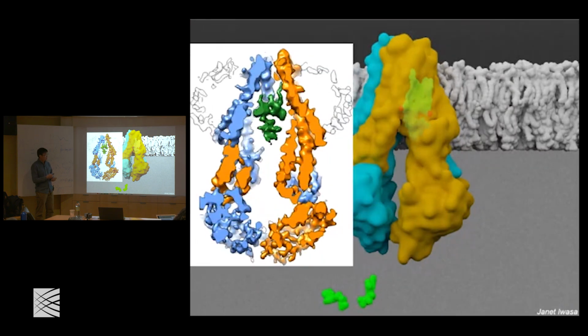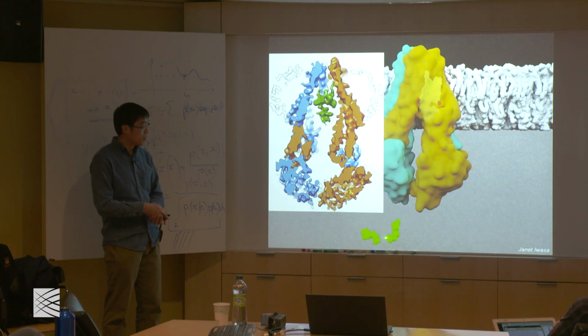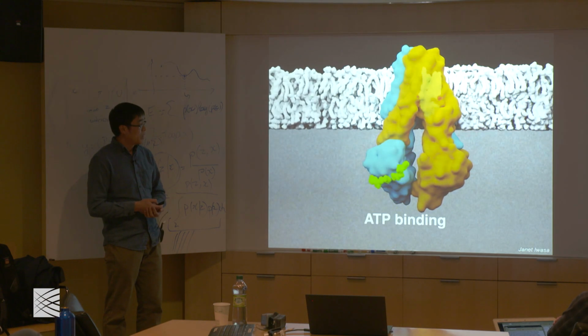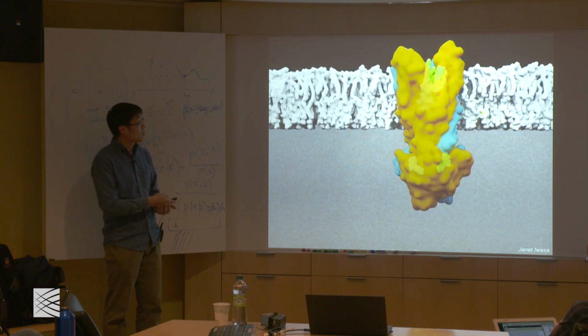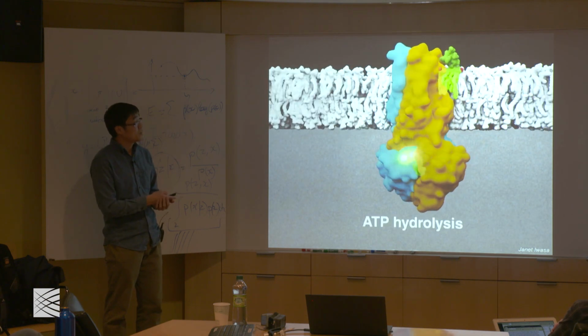That's the state we solved the structure of, and this conformation can also promote the binding of ATP. The ATP binding will induce the tight dimerization of the NBDs and also induce the opening of the TMD.